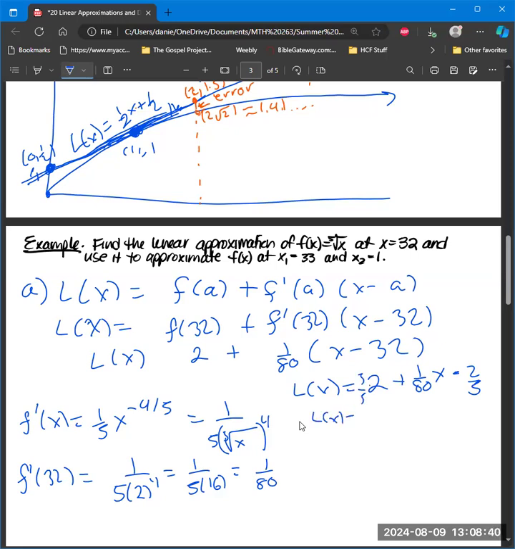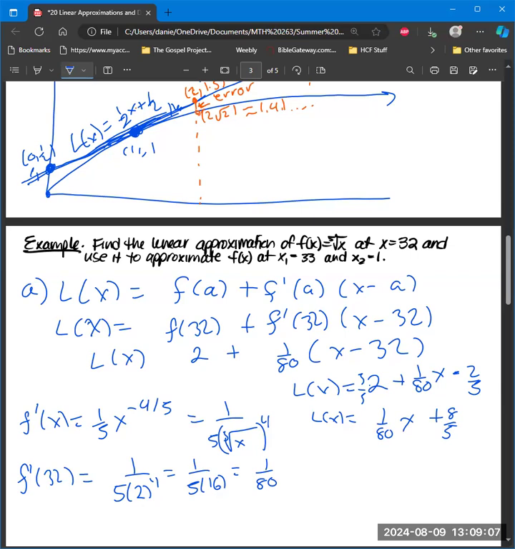L of x is going to be 10 minus 2, which is 8/5. So L of x equals 1/80 x plus 8/5. All right, so that is my equation of my tangent line. That's my linear approximation at x equals 32.